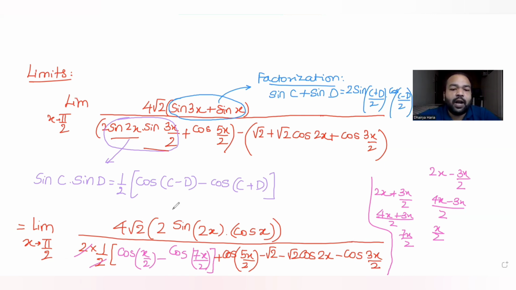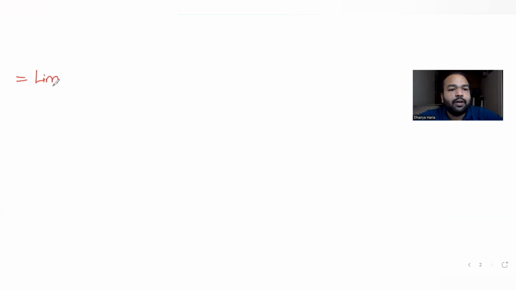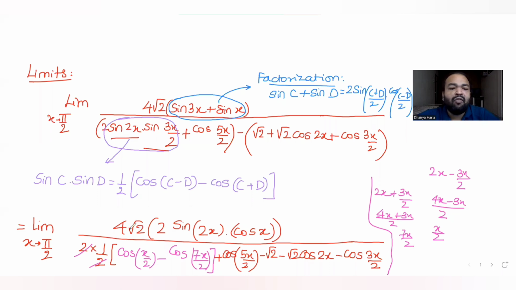Now let's try to simplify the numerator further. I can write it as limit x tends to pi by 2. I had 4 root 2 into 2, that becomes 8 root 2.